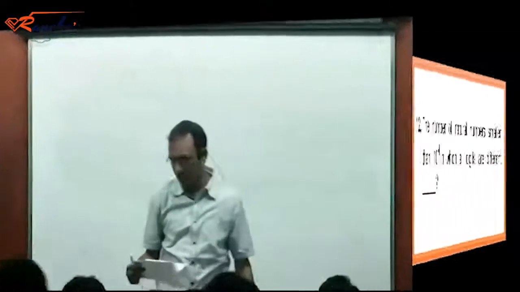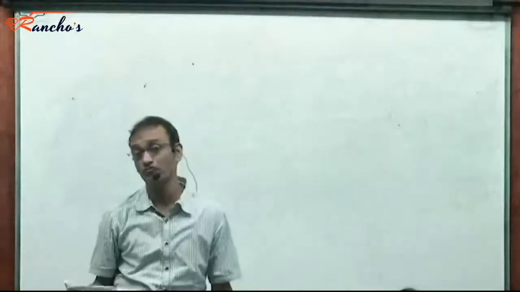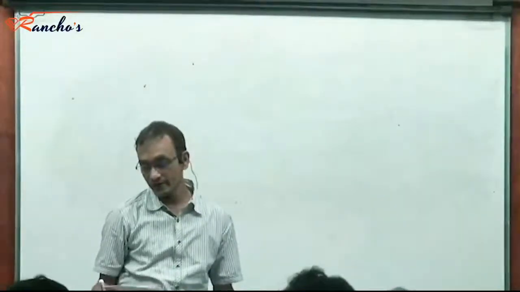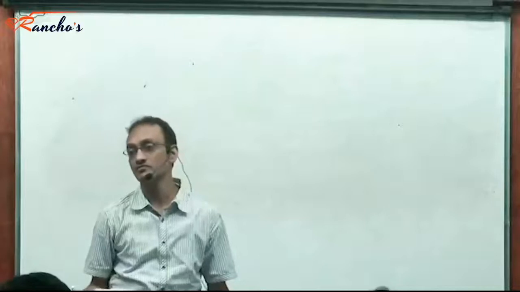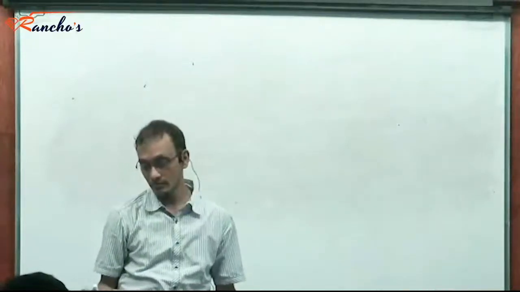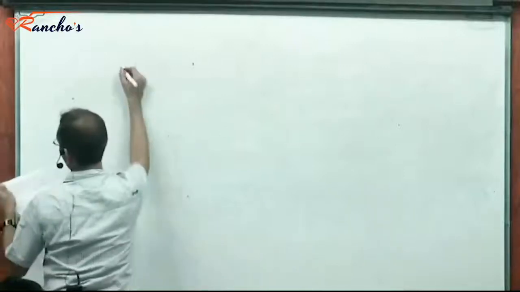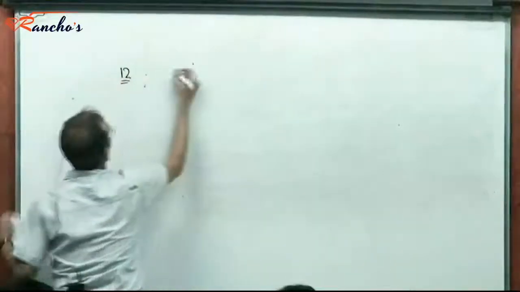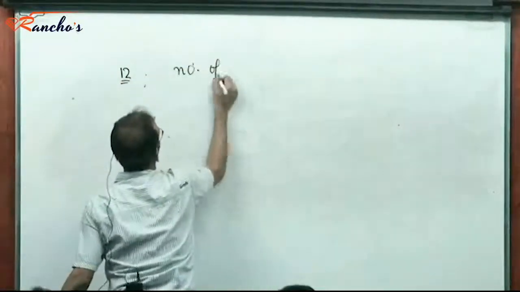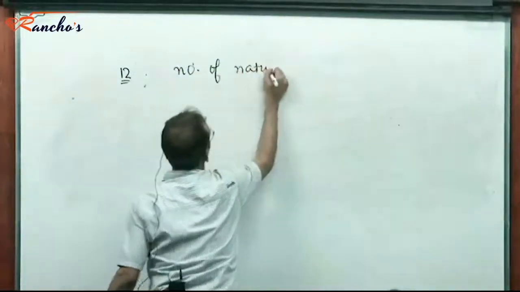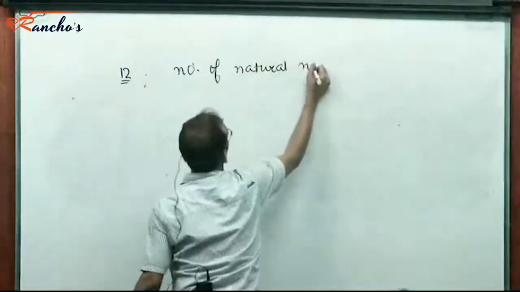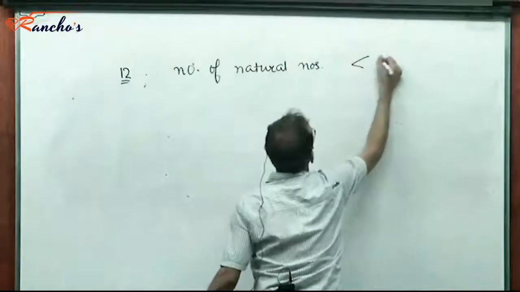The number of natural numbers less than 10 to power 4 in which all digits are different. The next problem, 12. We want to find the number of natural numbers less than 10 to power 4.